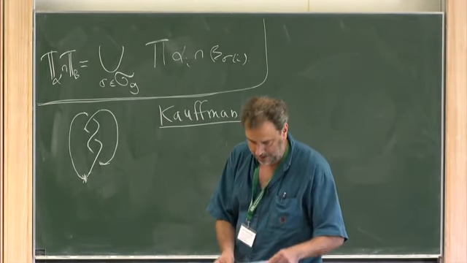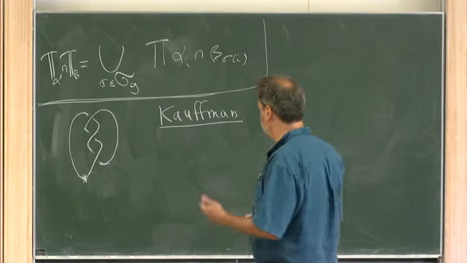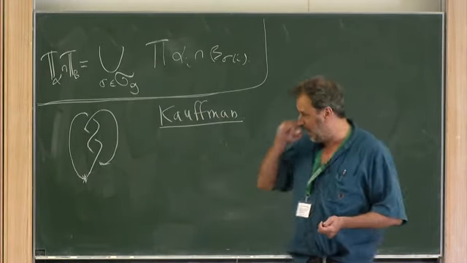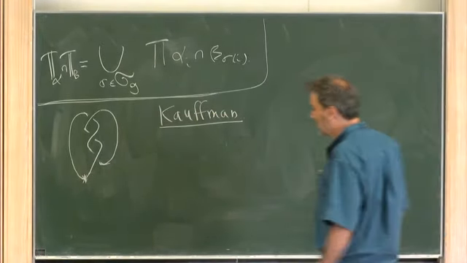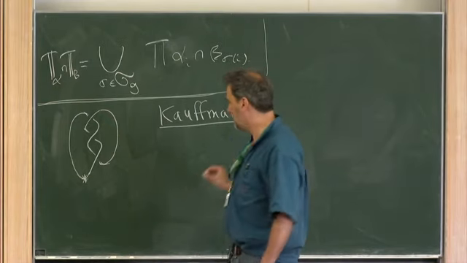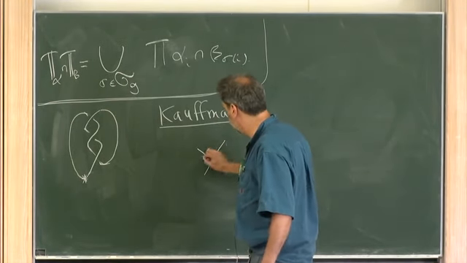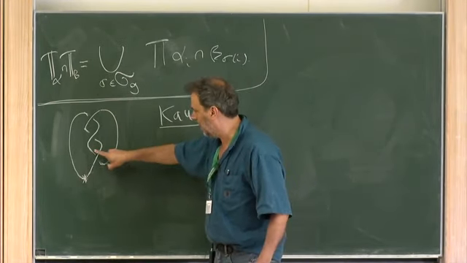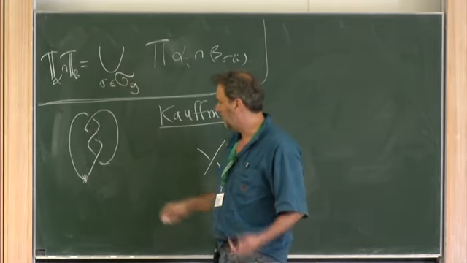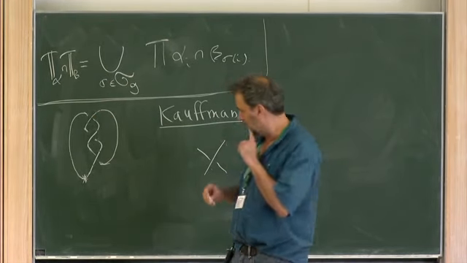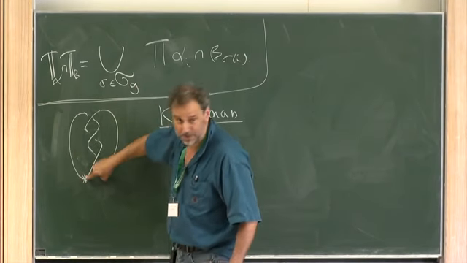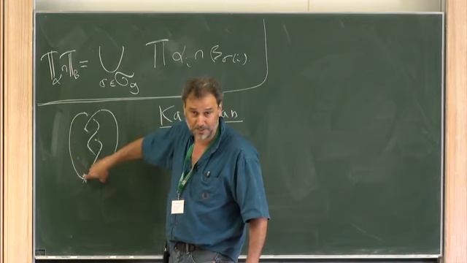And the basic point is the following. We take our projection and we mark one of the edges with a star. And we'd like to look at what are called Kauffman states. So what's a Kauffman state? A Kauffman state is a way of arranging dots in one of the four corners adjacent to each crossing, satisfying the following two rules. One is that a dot is not allowed to be in a region that's adjacent to a star.